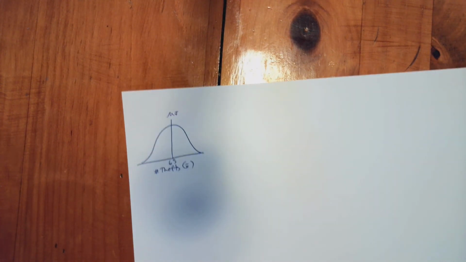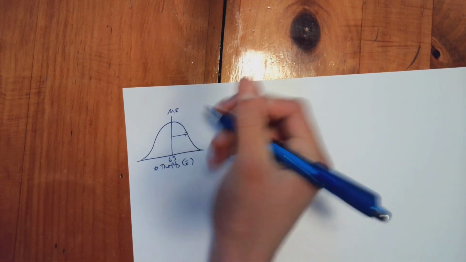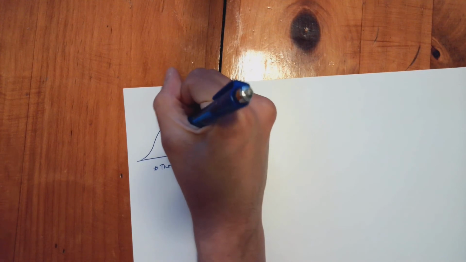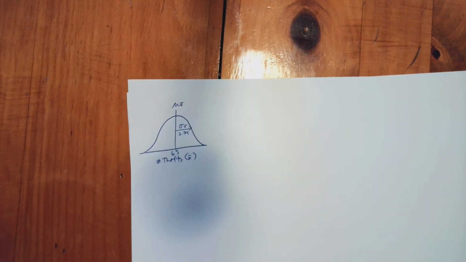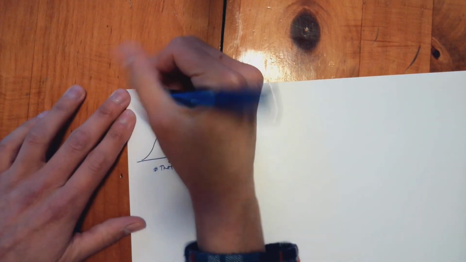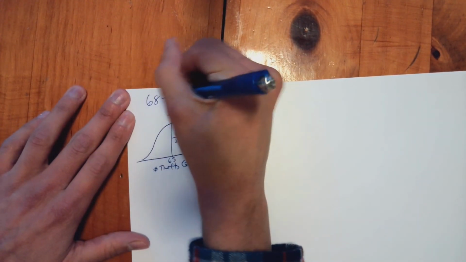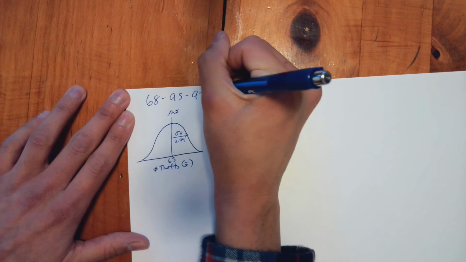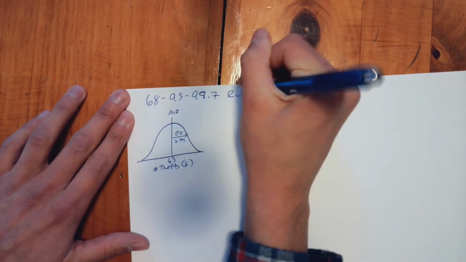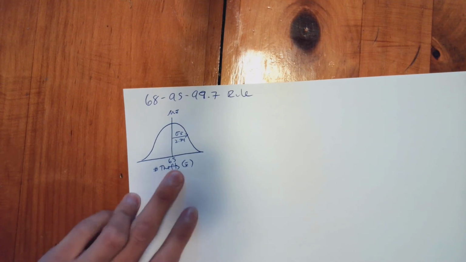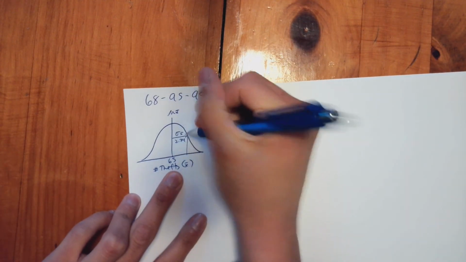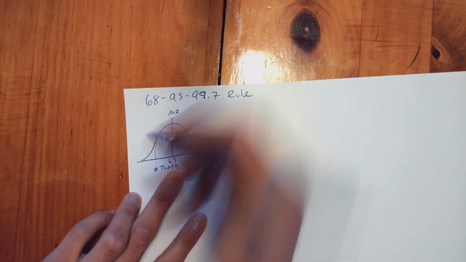Our mean is equal to 65. If you recall from last week, the 68, 95, 99.7 rule tells you what proportion of area under the curve falls within 1, 2, and 3 standard deviations of the mean. It tells you the same thing in a sampling distribution.